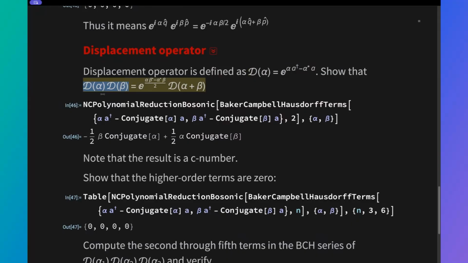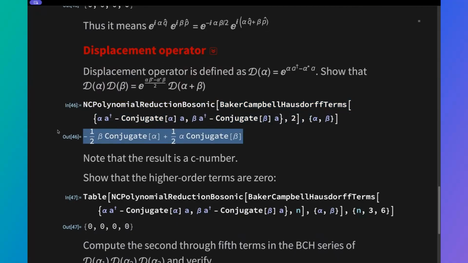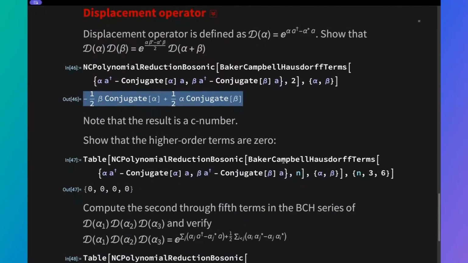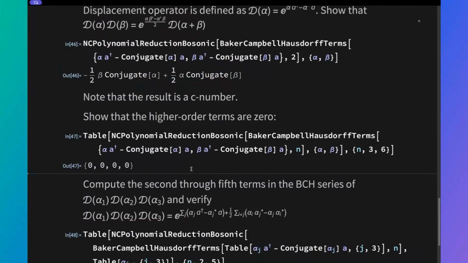So in this case, the first term is here, and for the second term, the only difference is the magnitude, which I just denoted by beta. Then we look into the second term in the BCH series. As before, because these are cases where the algebraic relationship is very simple, we get a C number, implying that the higher terms are 0, and we get a very clean formula for the multiplication of these two displacement operators.